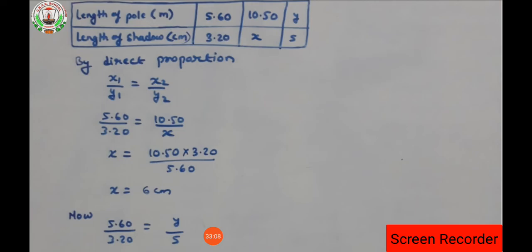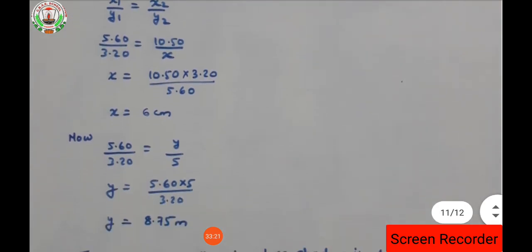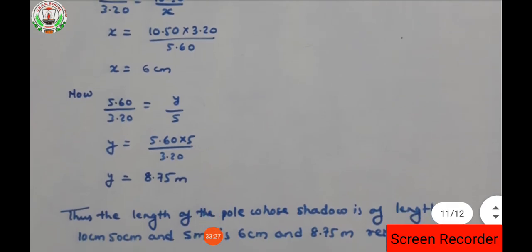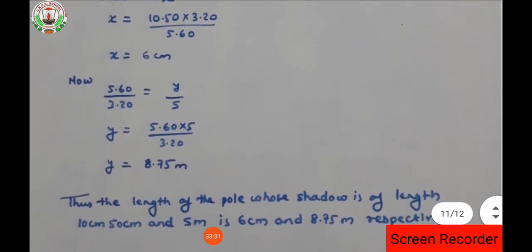Now 5.60 upon 3.20 is constant for both. So again using 5.60 as x1 and 3.20 as x2, we apply the direct proportion, which is equal to y upon 5.